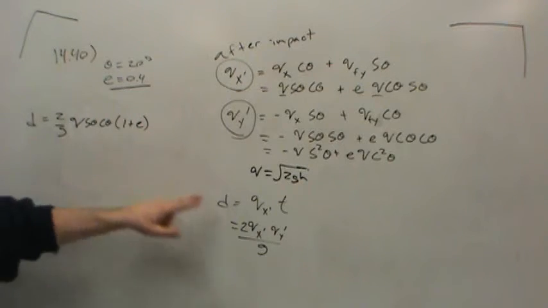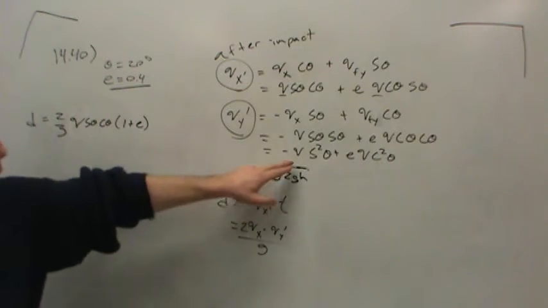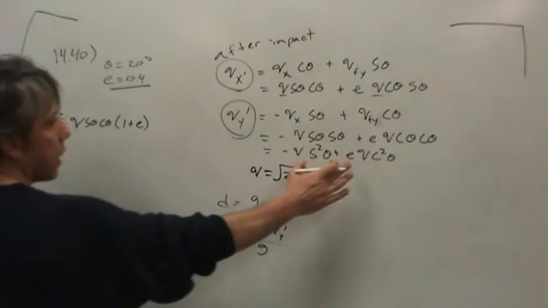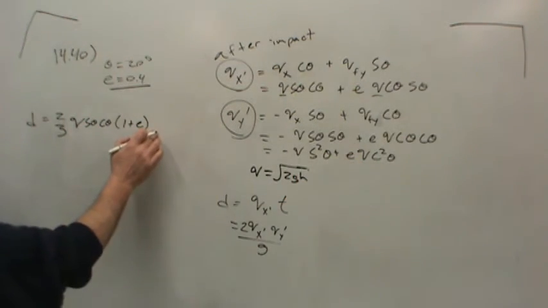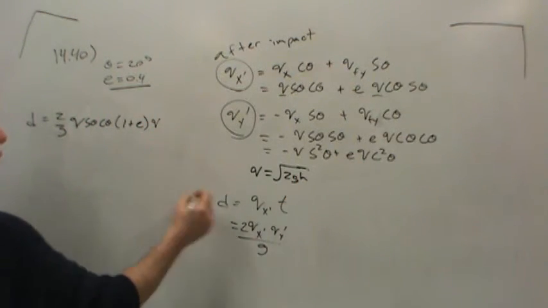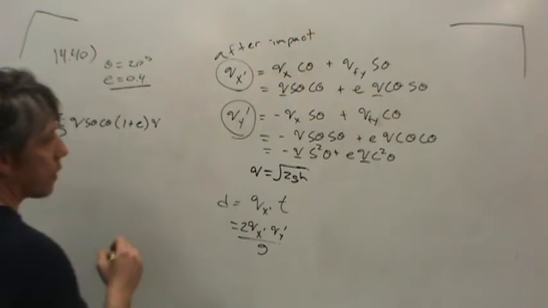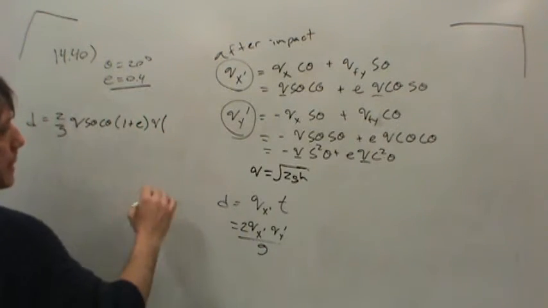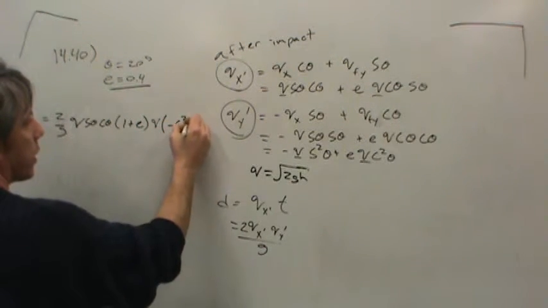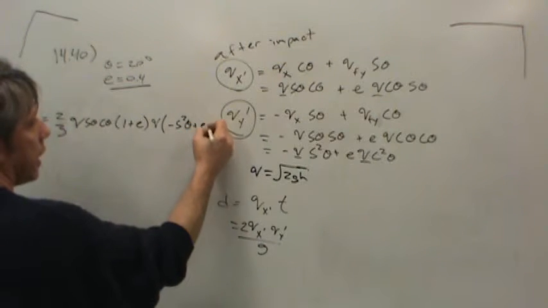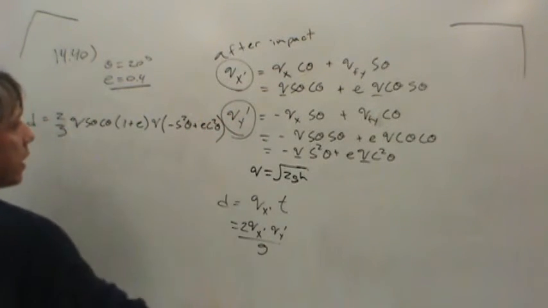Now I need to multiply Vy prime. Vy prime is this. So once again, the v will come out. Okay, so I'll have v, takes care of that bit. Then I will have negative sine squared theta plus e cosine squared theta.